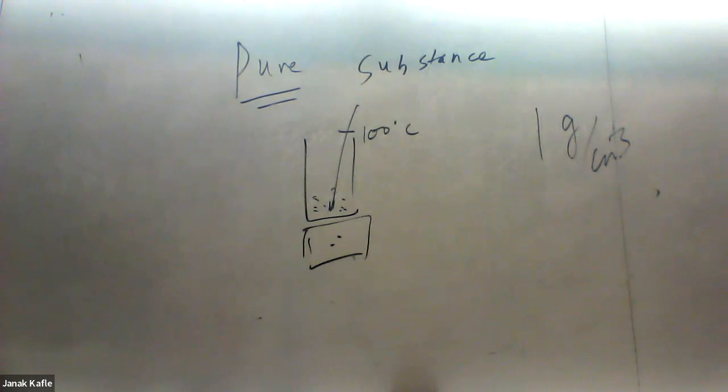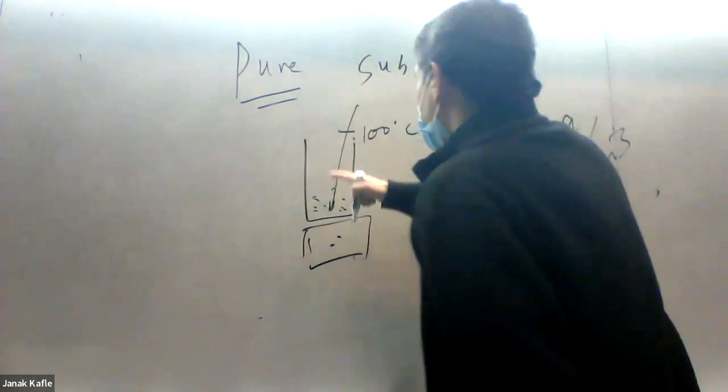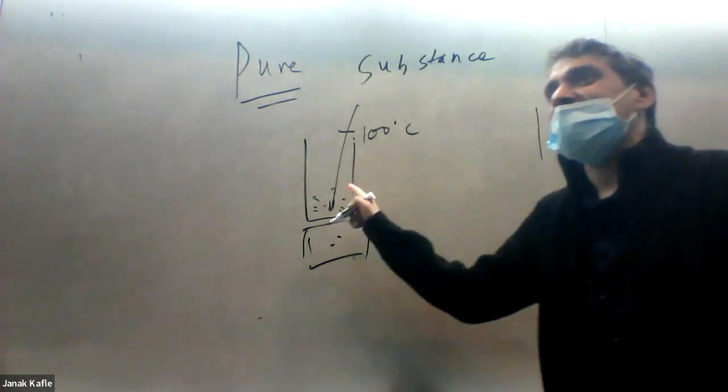So water has a boiling point of 100 degrees centigrade at certain conditions. A pure substance has very unique properties, like its boiling point, melting point, and density. So if I see 100 degrees centigrade all the time in my experiment, this is definitely water.